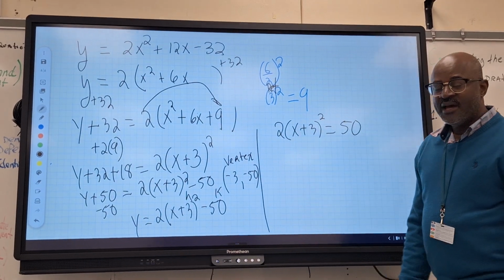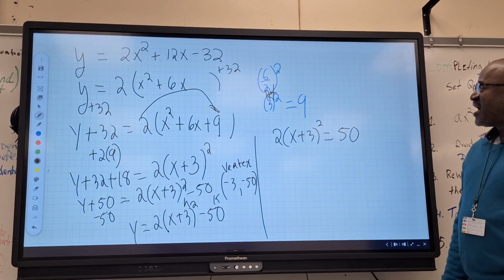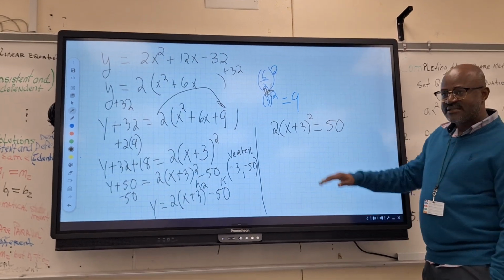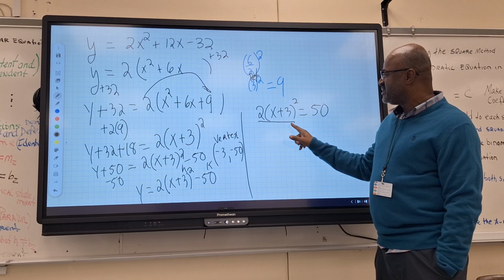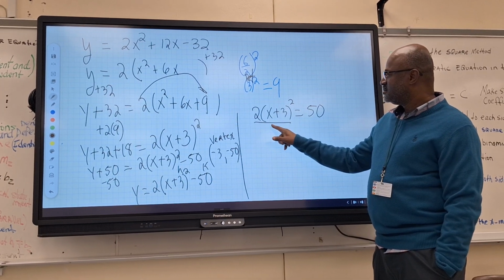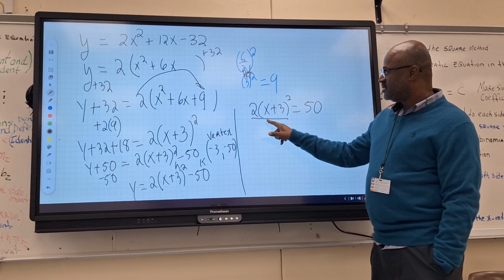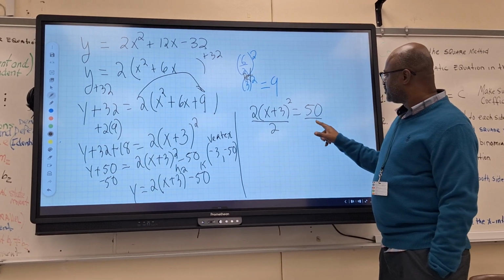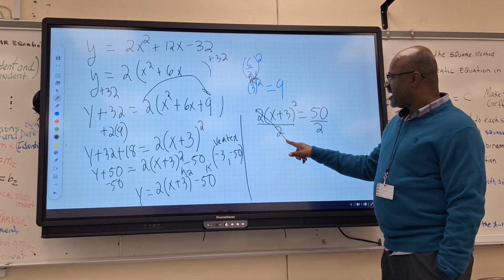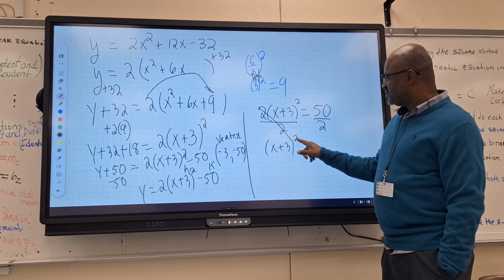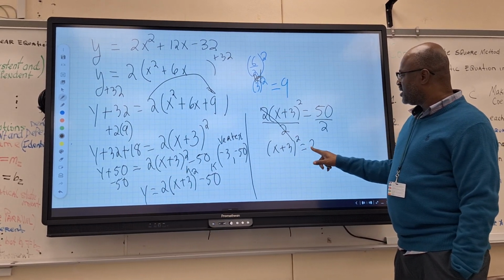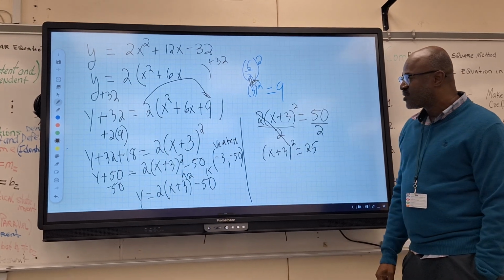Right? Now here we're going to solve for x. We want to find x. That's your x-intercept. What will you do? We divide both sides by 2. And this cancels out. Then you'll have x plus 3 squared is equal to 25. And your goal is to get x by itself.